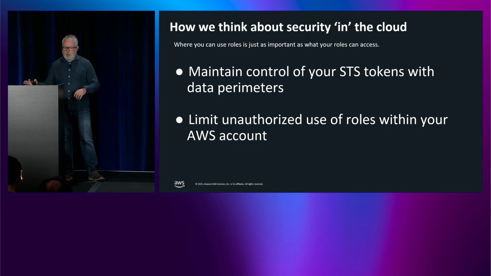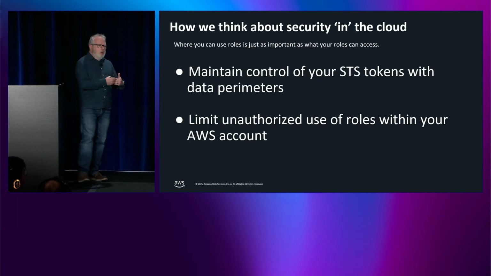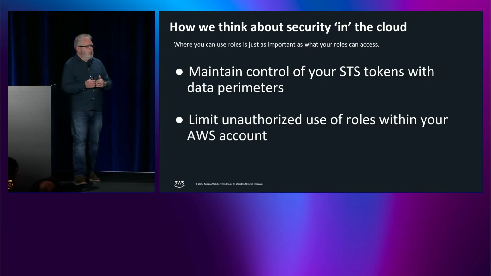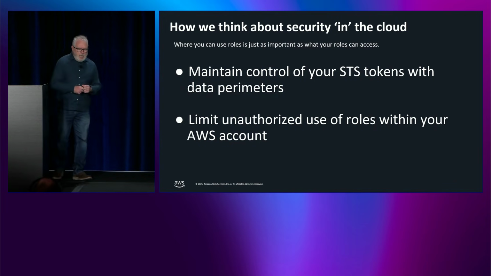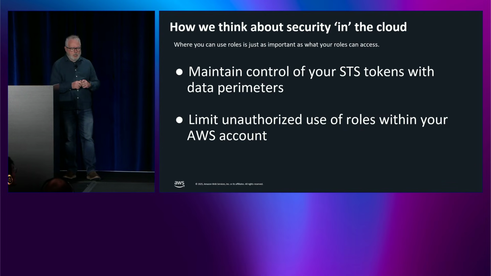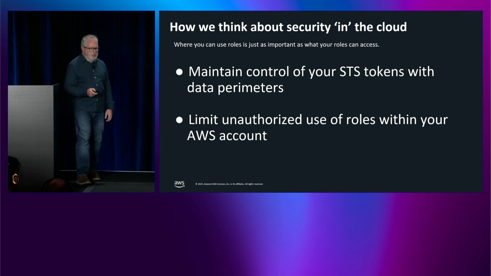Ilya talked about data perimeters, but I want to touch briefly on our own journey in their implementation. I think it'll show you how much Kristen and Ilya's work has made doing those types of controls much easier. I also want to highlight how we lock down role sharing in our accounts so we can be assured that who's using a role is who's intended. These are two topics that are often glossed over when we talk about IAM in the cloud.